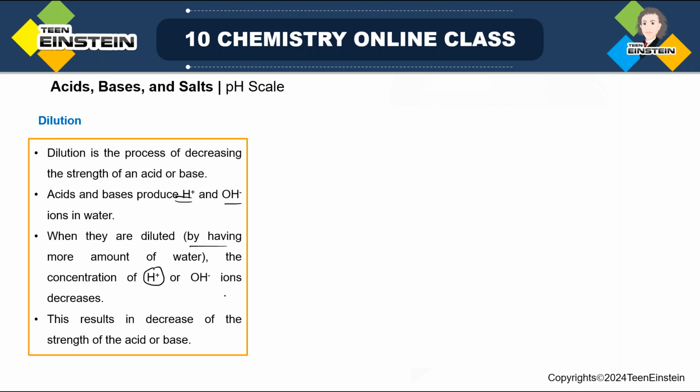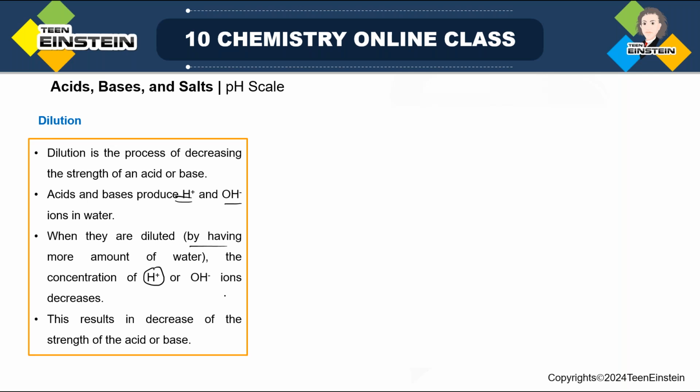Molarity means moles per liter, how many moles are present in 1 liter. When you dilute, obviously the number of H plus per liter will decrease. So the concentration of these ions decreases, and this results in a decrease in the strength of the acid or base. Now, how is it related to the pH scale? Because the pH scale gives you the idea whether a particular solution is acidic or basic.